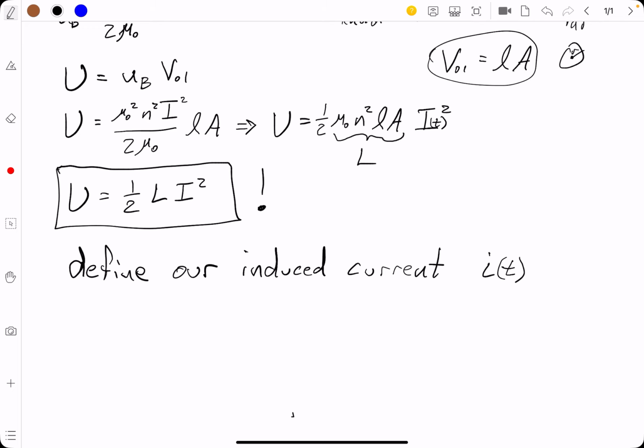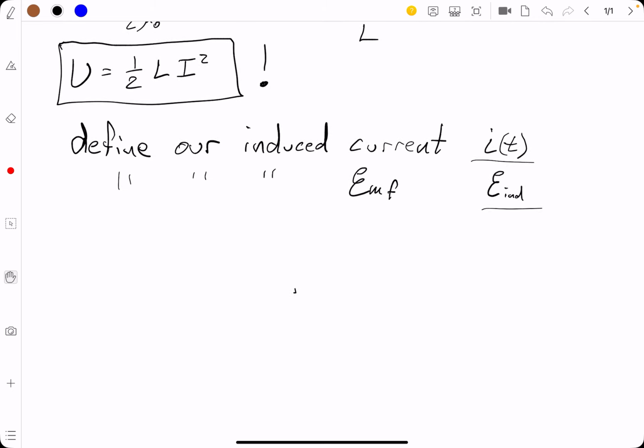We're also going to say that our induced EMF is E. We can put an induced on there if we want. Maybe we should. So we have defined our induced current as this and our induced EMF as this. That sounds fair.